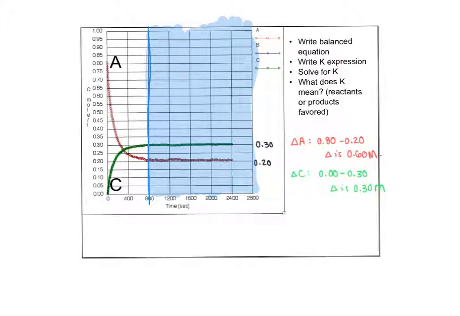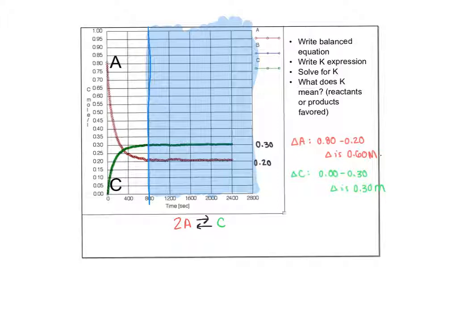This helps me write my balanced chemical equation because I can see that A is changing twice as fast, right? 0.6 is double 0.3. So I'm going to get 2A making C. I know A is a reactant because it's being used up. C is a product because it's being made. And I know there's a 2 in front of A because it changed double the amount that C changed.